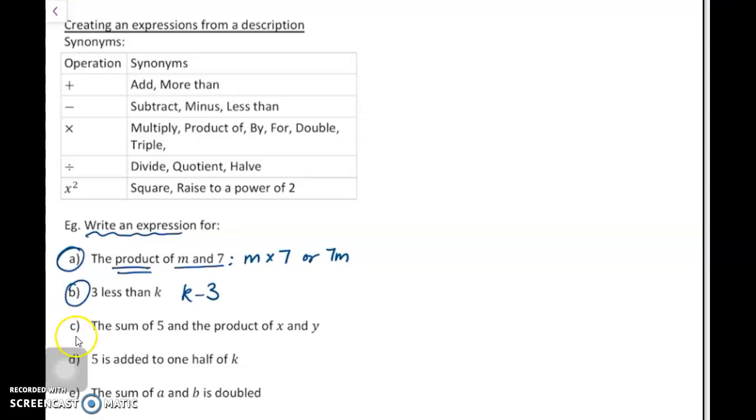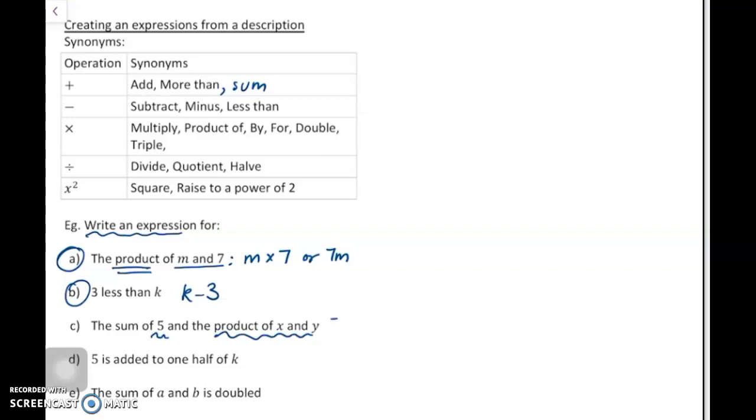Next, c is the sum of 5 and the product of x and y. So we have a sum, and a sum according to our table here means an addition of two or more numbers. So the two things we're finding the sum of are 5 and the product of x and y.